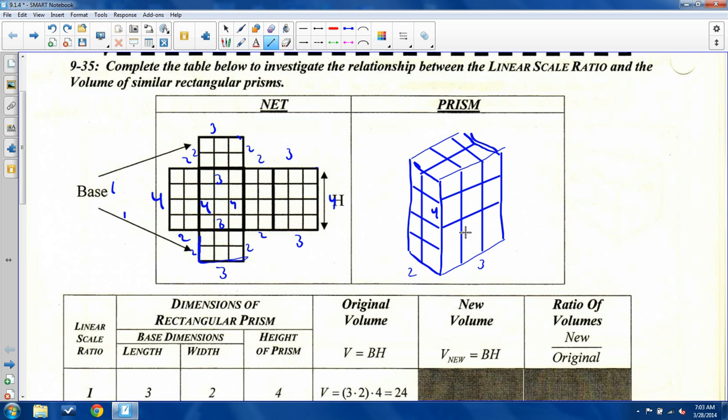So this is the prism if I folded everything together. Now, I don't have cubes to work with for you to say how this works, but this one folds upward, this one folds downward, these ones fold together, and they form to make this. So everything's closed off that way. That's from net to prism.